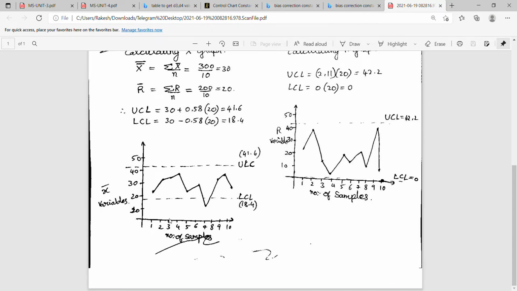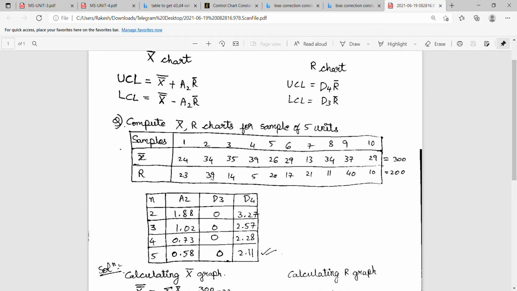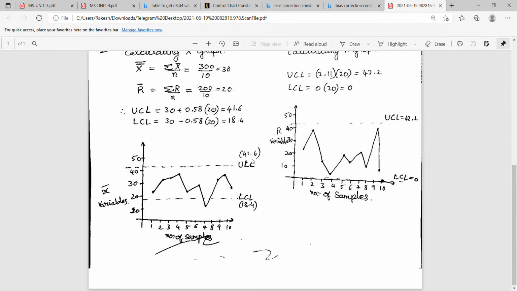It is nothing but plotting x comma y: 1 comma 24, 2 comma 34. For 3 you plot 35, and for 4 you plot 39. In this way, by connecting the points one to one, we get this X bar graph. In every graph we have to write the upper control limit and lower control limit; these formulas are different for different graphs.